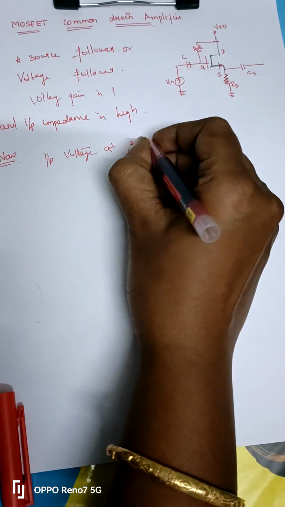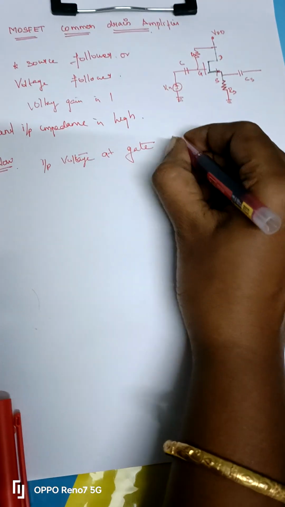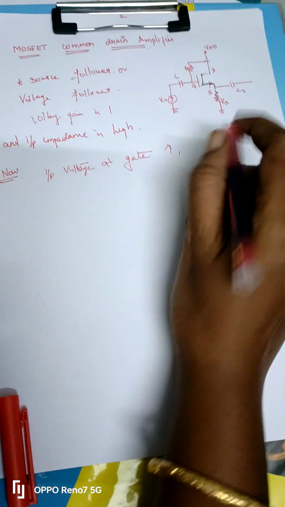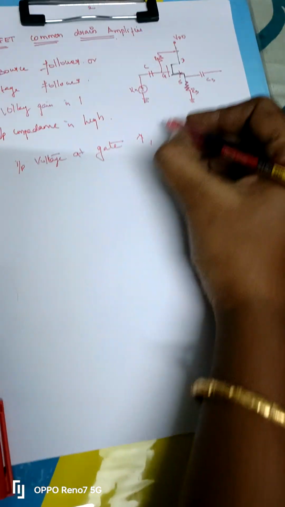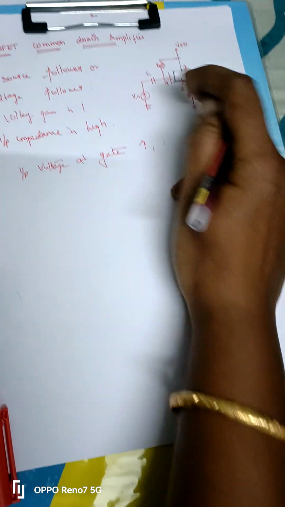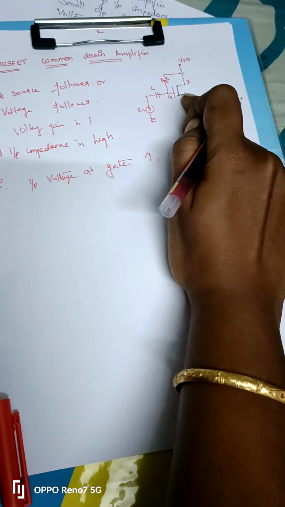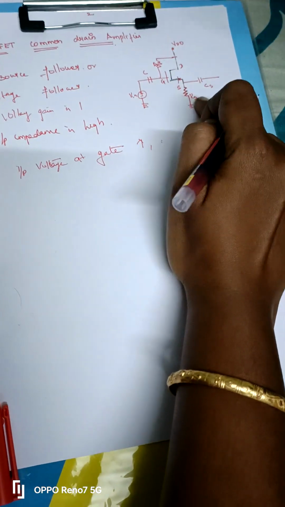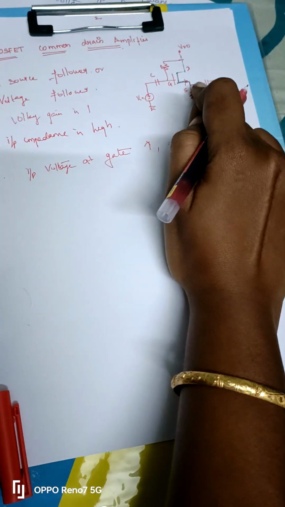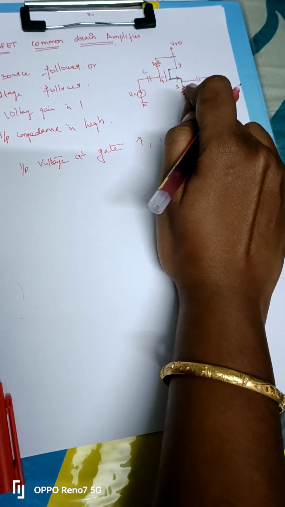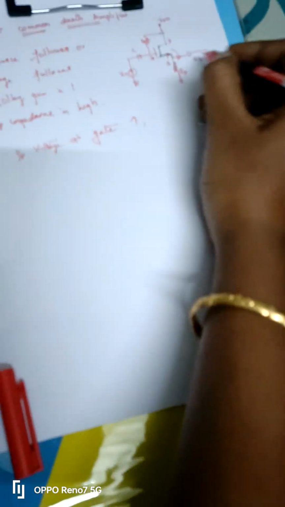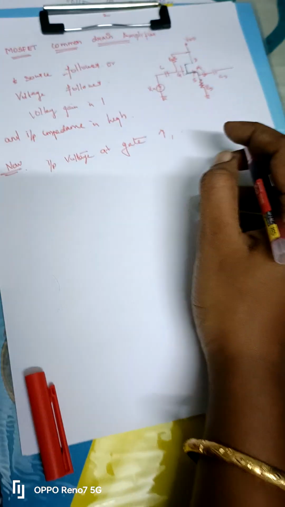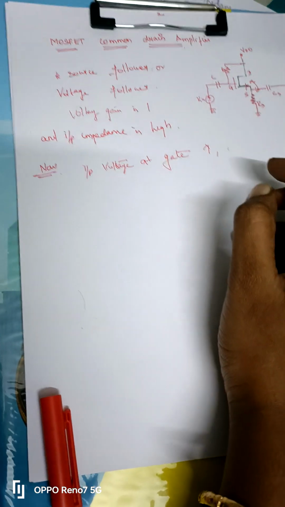As the input voltage at the gate goes up, the transistor lets more current through the source resistor. The source resistor raises the voltage of the source.